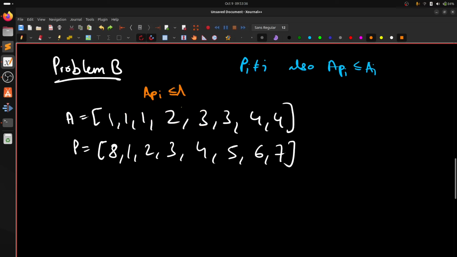So A of 4 is less than or equal to A of 5, as it's sorted. But this only holds for a sorted array.